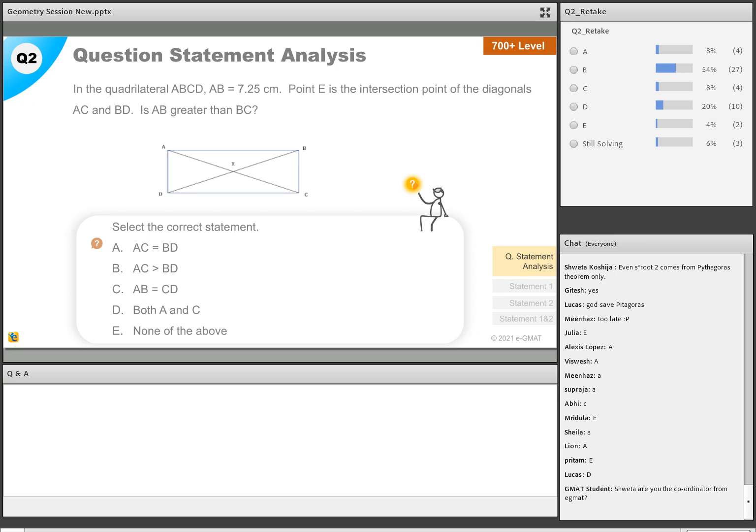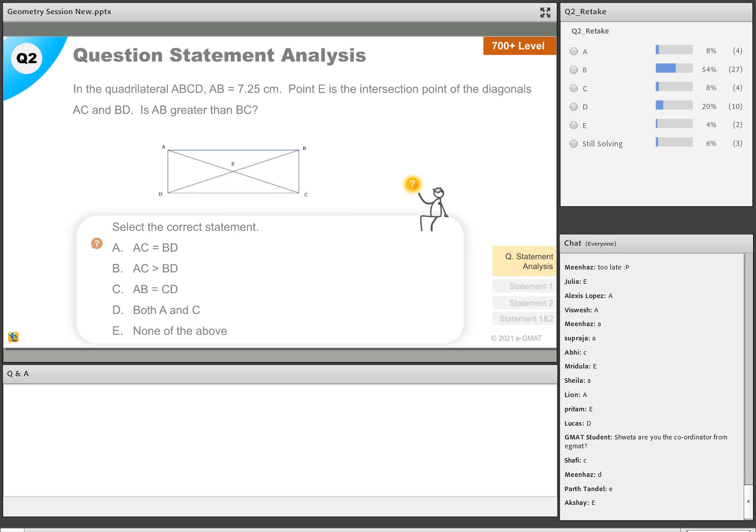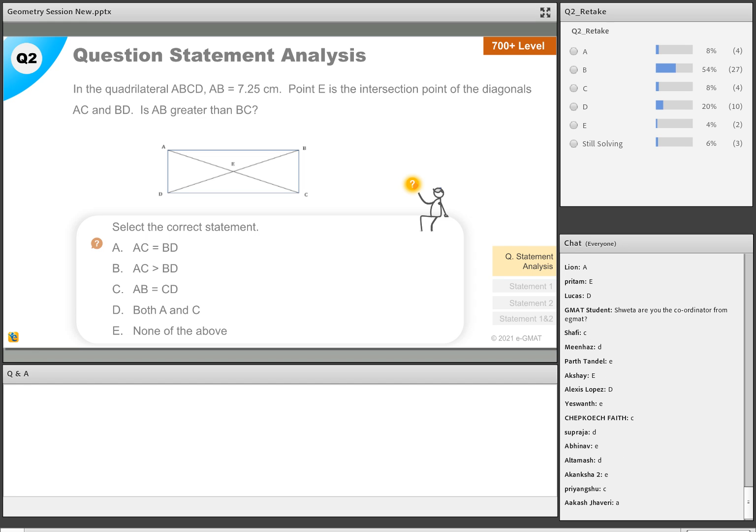Wow, that's very interesting. Perfect. So, let me tell you that people who are marking A, B, C or D, all of you are incorrect, right? Since I don't know what kind of quadrilateral this is, I cannot say whether the diagonals are equal in length or not. That's number one.